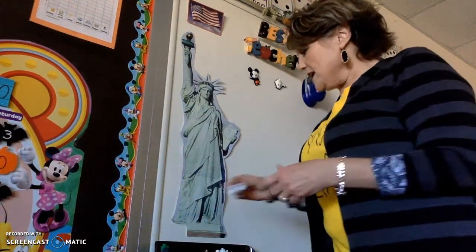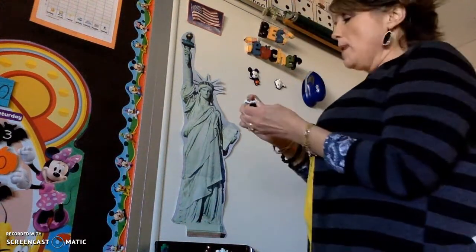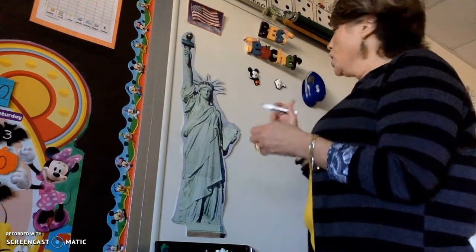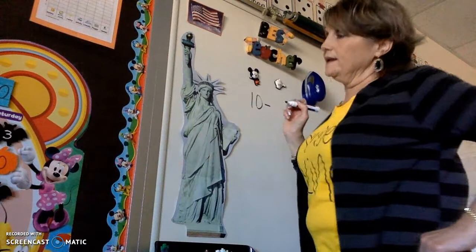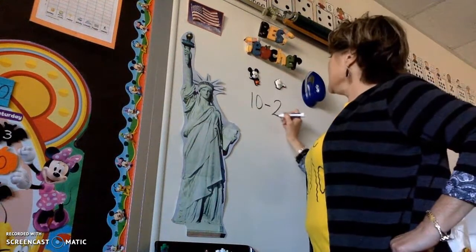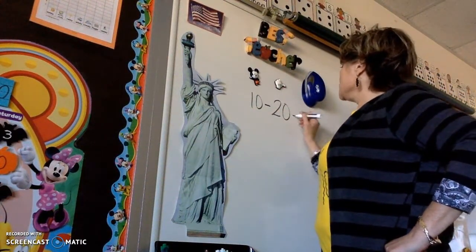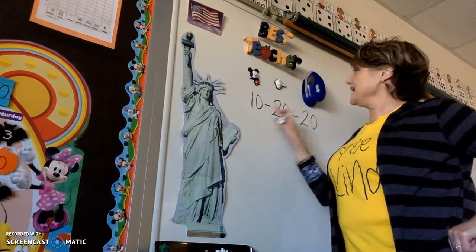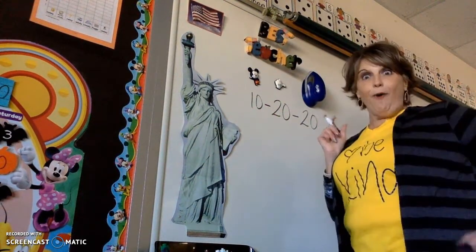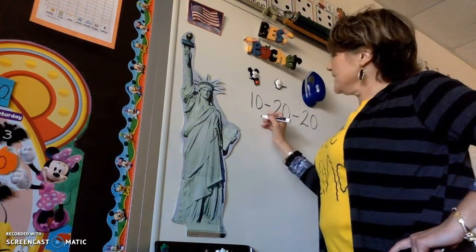So we know that today, the month is October, and it is the 10th month. So 10, today is the 20th, 10-20-20. That's kind of cool, isn't it? 10, 20, 20. Oh, I like that. Okay, let's abbreviate October.